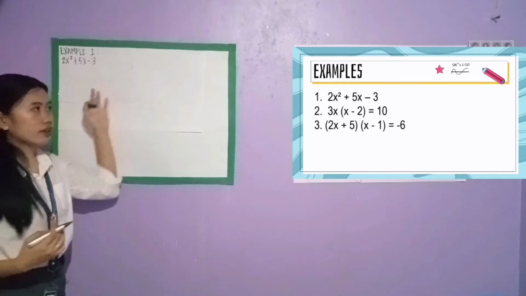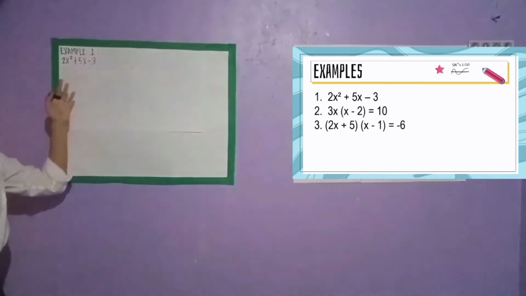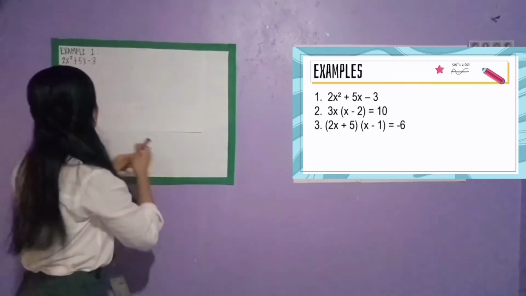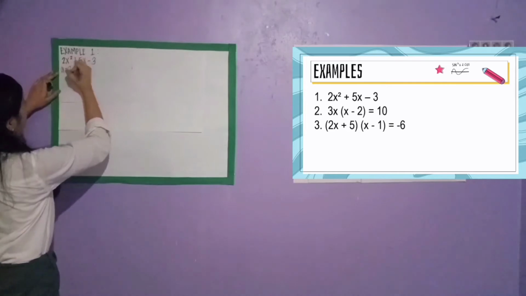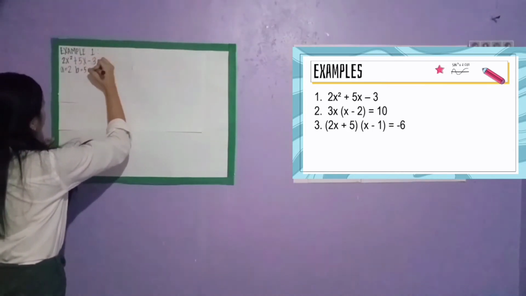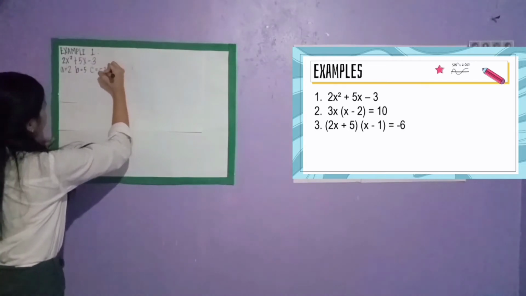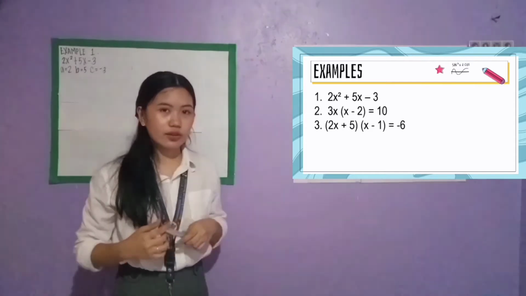It is already written in the standard form, which is 2x squared plus 5x minus 3, where a is 2, b is 5, and c is negative 3. Always remember that you must not forget to write the sign, okay?